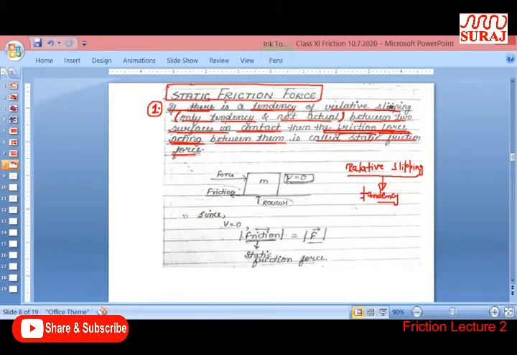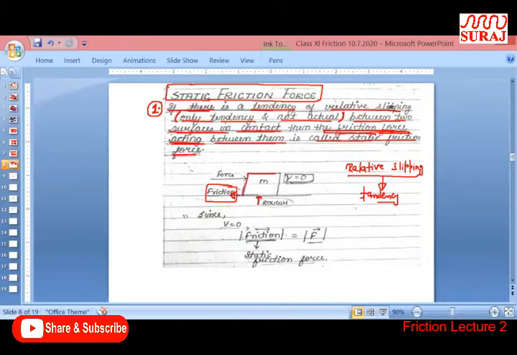When the block has tendency to move, but it is not actually moved, okay, so the kind of friction force existing here between the surfaces in contact will be called what? Static friction.